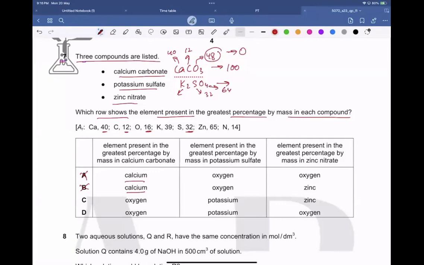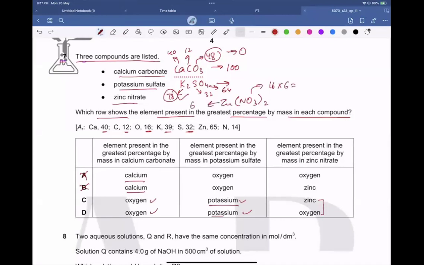Now we have to identify between zinc and oxygen in zinc nitrate. The formula of zinc nitrate is Zn(NO3)2. So there are 6 oxygen. Can anyone do 16 times 6?